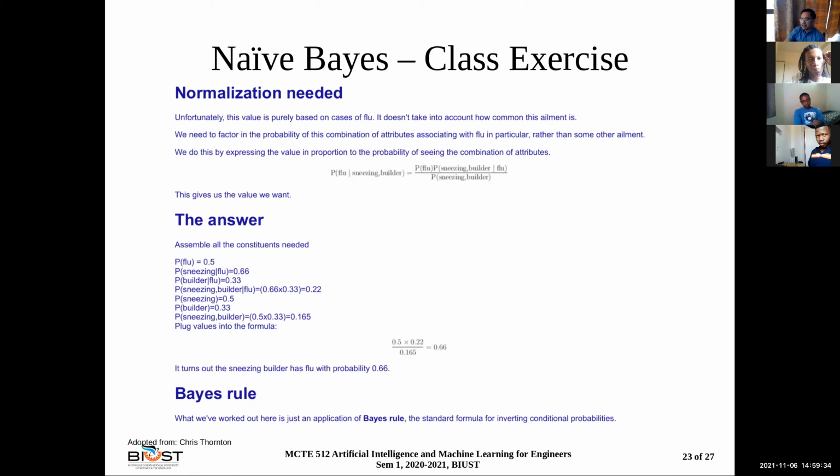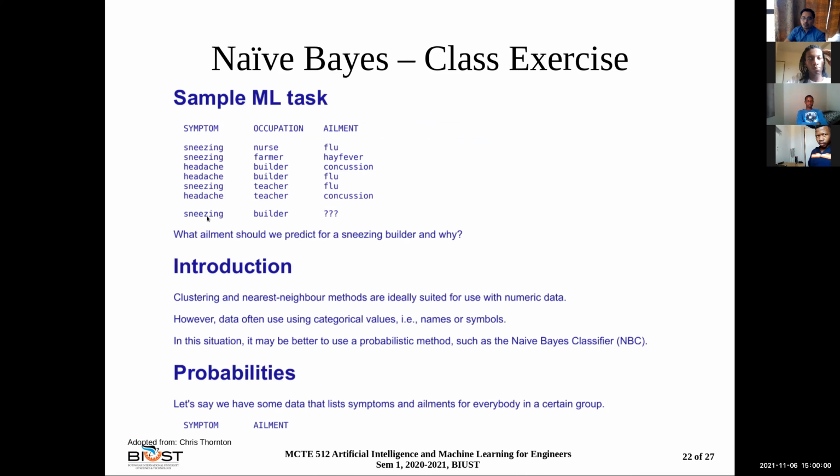But in this case, let's consider all the features in the case of the full Bayes rule. Given that we know the features, that you are a builder and sneezing, what is the probability that you have flu? Because this is what is asked.